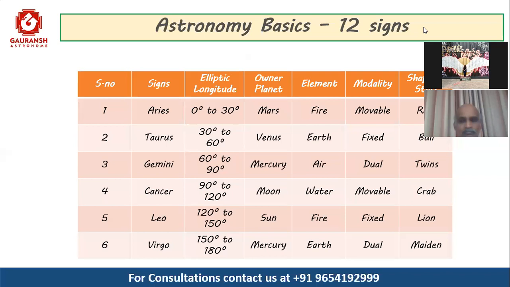These owners are very important. It is dual in nature. Fourth sign Cancer starts from 90 degrees to 120 degrees in the zodiac. Owner is Moon, and it is movable in nature.